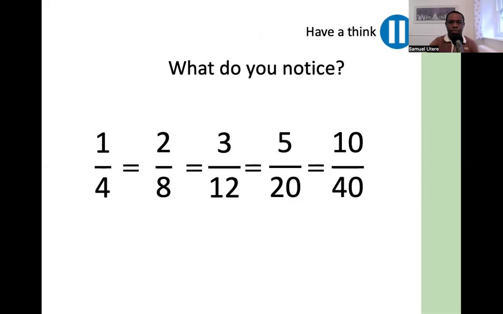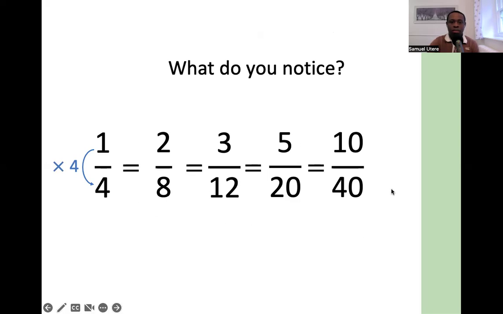Well, something you would notice is that each of these fractions, when you multiply the numerator by 4, you create the denominator. So there is a multiplicative relationship that you find, and that is the same across each of these fractions. Or if you divide the denominator by 4, you would get the numerator.